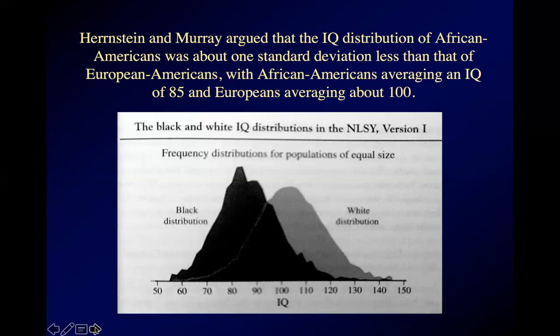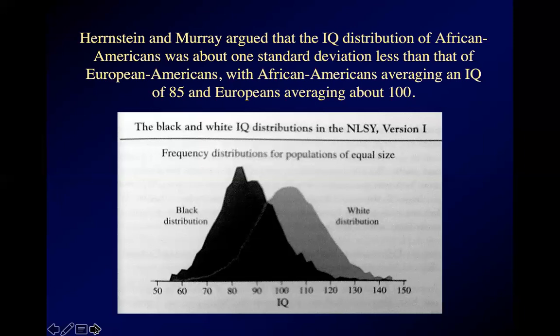Notice you've still got some smart Black people. You know, I've got Black friends. Sorry, that was being sarcastic. You still have some intelligent Black people and you still have some stupid white people, but the average is less. That distribution is left shifted for African Americans compared to Americans of European descent.